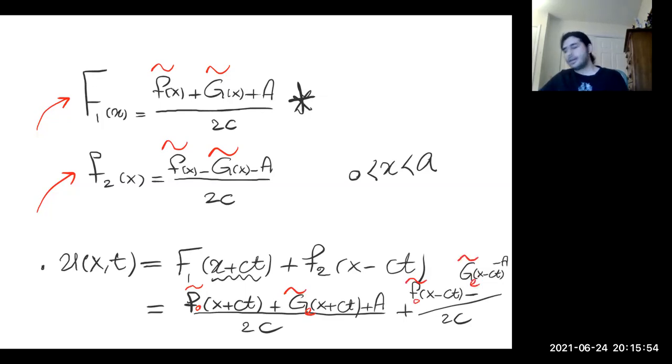On the other hand, it doesn't matter what A is because this A here cancels with this other A here. So we get actually our final solution. Let's rewrite that.